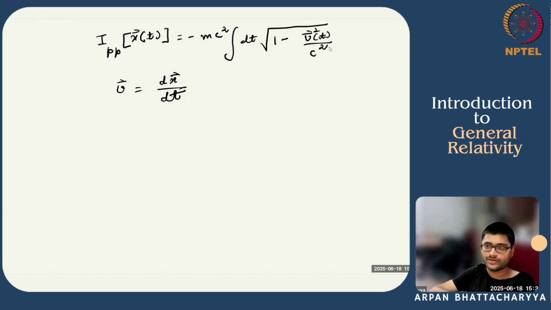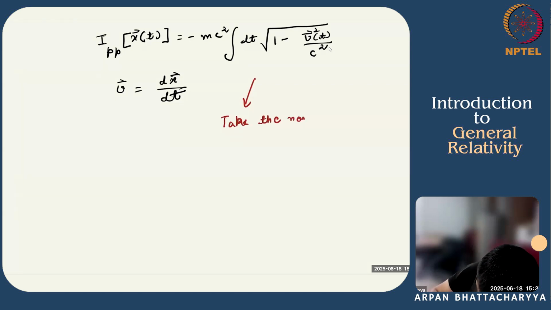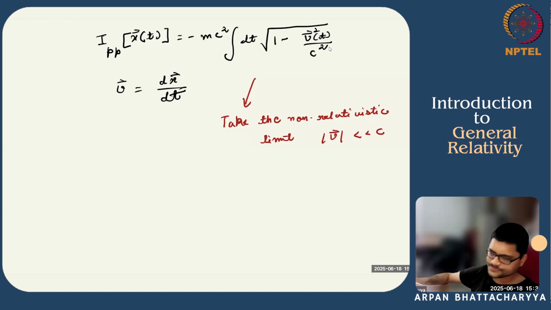Now you can take the non-relativistic limit where mod of v is very much less than c, and you will see that in the non-relativistic limit, it has to be the integral of dt, half mv square plus some term which is independent of x, and that will be a cross check. So take the non-relativistic limit.